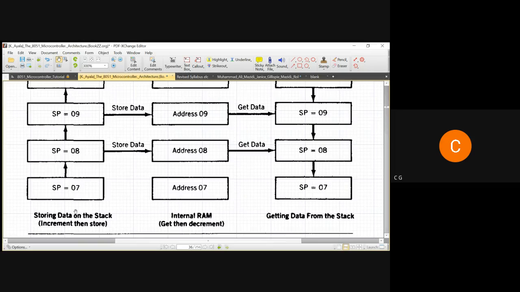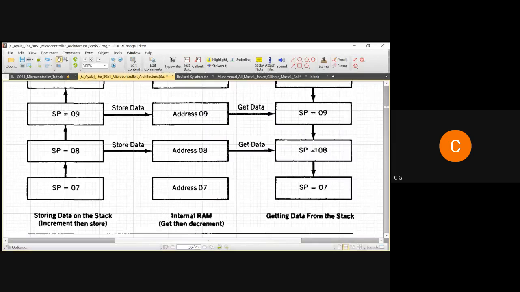So you have to carefully understand what your book predicts: that initially the stack pointer is initiated at the 07 address, and whenever any execution takes place, it jumps to this address by incrementing its address by 1.